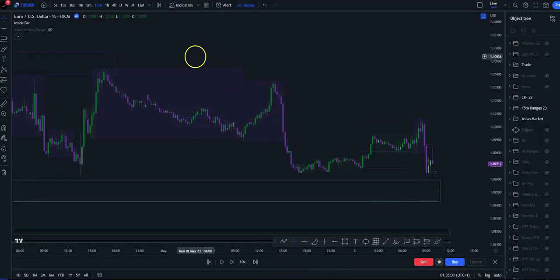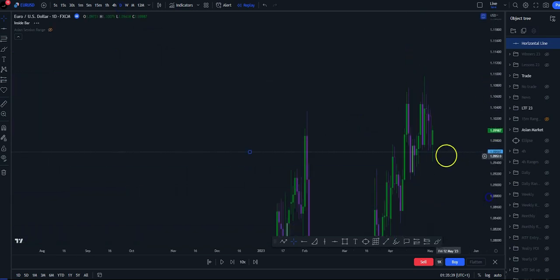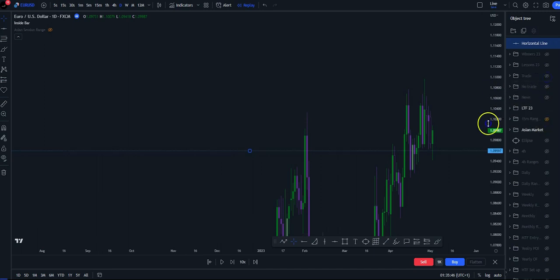So as per usual, we're going to start on the 15-minute to just mark out the low, because this is the next day, and that little cheeky wick there hadn't happened yet. Let me just hide that.